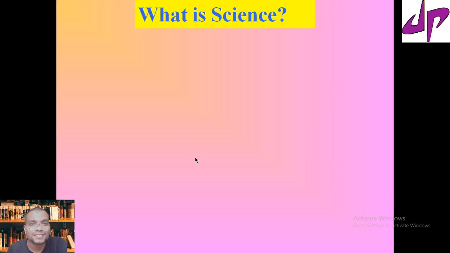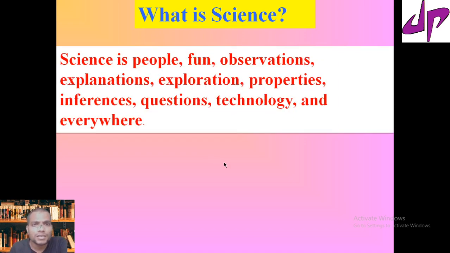What is science? It's a very basic question when we are going to talk about learning much more science. Science is about observations, explanations, explorations, properties, inferences, questions, technology and everywhere. So we cannot define science properly.